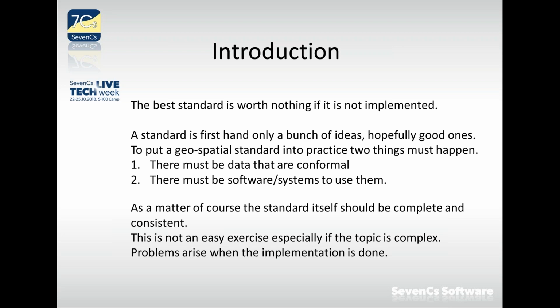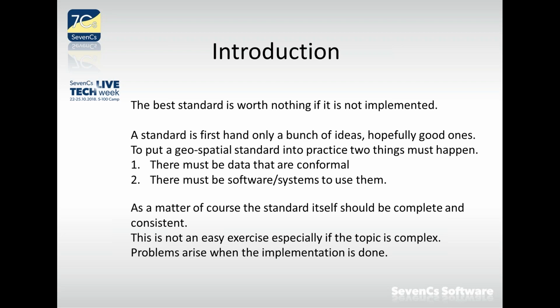They might be good, but nobody has any advantage from just ideas. A geospatial standard, and that's the standard we're talking about here, if it should have some advantage or come into practice, two things must happen. First of all, a data standard without data is an empty container. So we need data, and this data must be conformant.